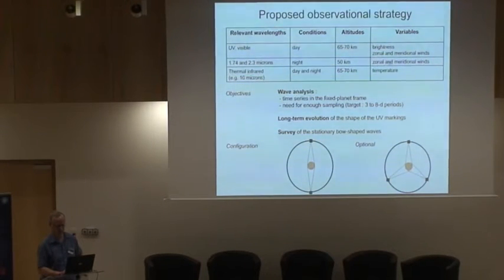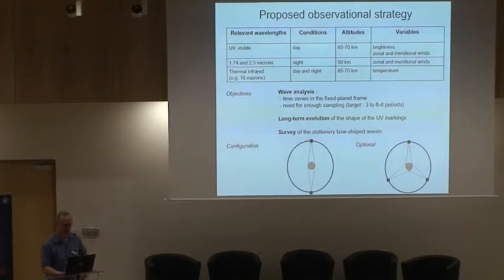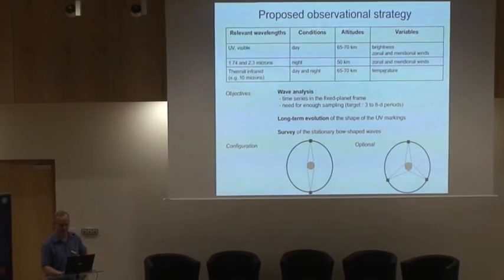Of course, the contrasts are not as good as in the visible, but are still probably good enough to retrieve information on waves at 50 kilometers. And one thermal infrared channel, similar to the one of the LIR instrument on Akatsuki, to probe on day and night this amplitude range and to retrieve the temperature.